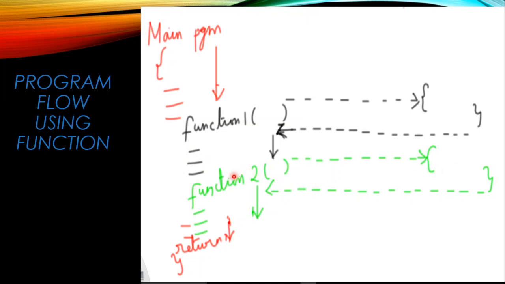The function location will be searched in memory, it will go to the location, do the work and come back to the main program. So the system does so many housekeeping operations for function call and return. That is how a function works in any normal programming language.